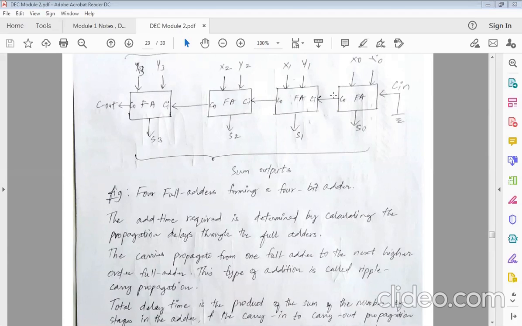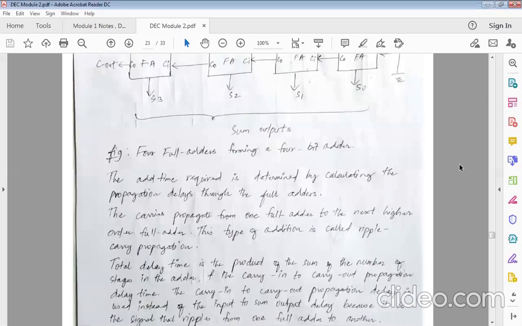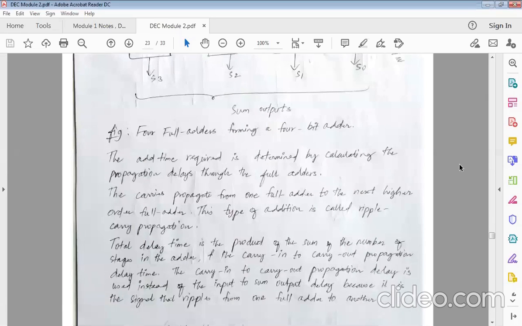So why is it called a ripple? Because it's like a circle which moves from one point to another point. Similarly here, your carry is getting generated from one stage, moving to the next stage and the next stage and to the final stage, right? So it is like a ripple effect that is seen on the surface of water.